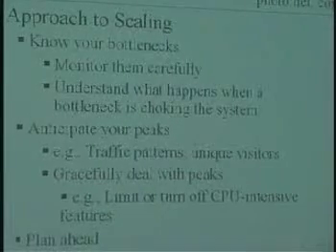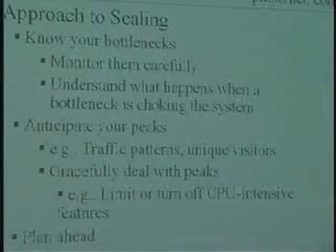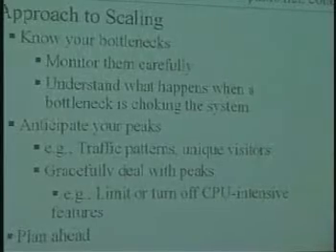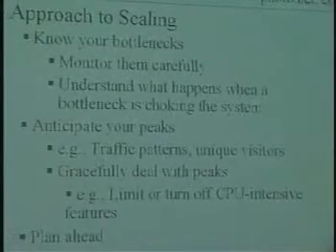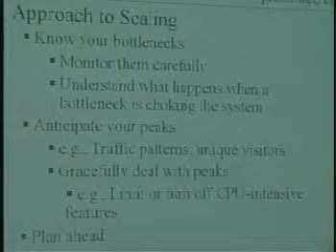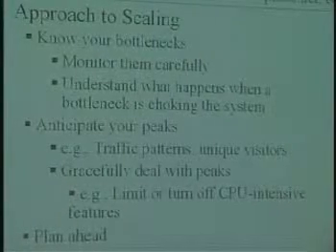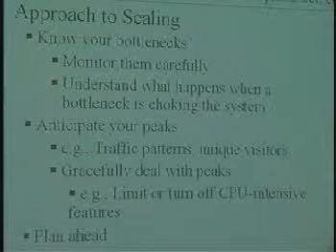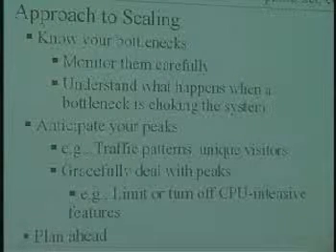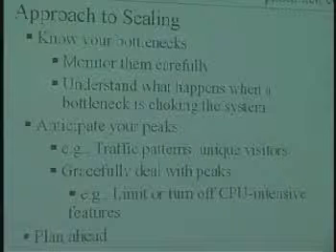Before I do that, I want to just talk about scaling, because this is going to pervade when I talk about each layer. When you think about scaling, especially by one or more orders of magnitude, the way I like to approach it is to know your bottlenecks. Bottlenecks in a system are what's limiting its performance.